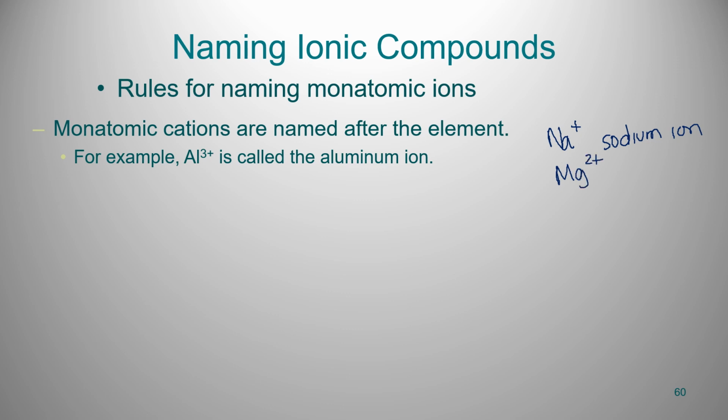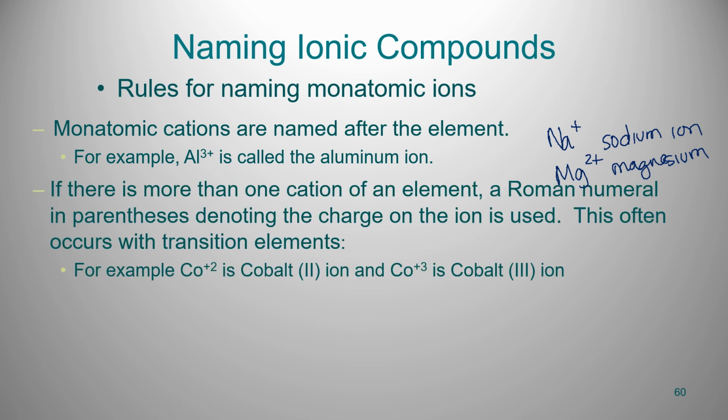Magnesium would be the magnesium ion, and so forth. What happens if you have more than one possible charge for an element? Then you have to use a Roman numeral. Those are the transition metals. Like I said, you can refer back to that chart that I have earlier in this PowerPoint.